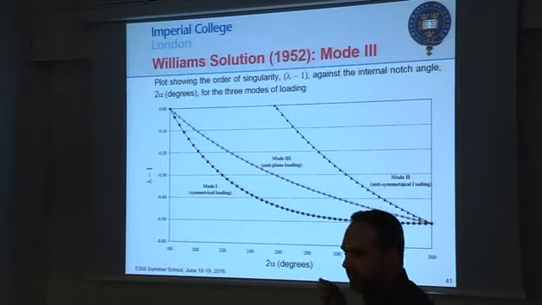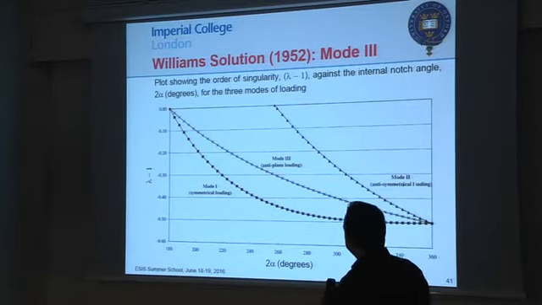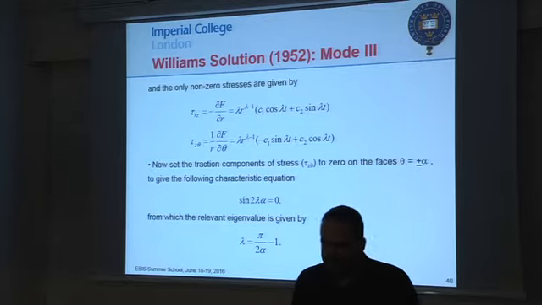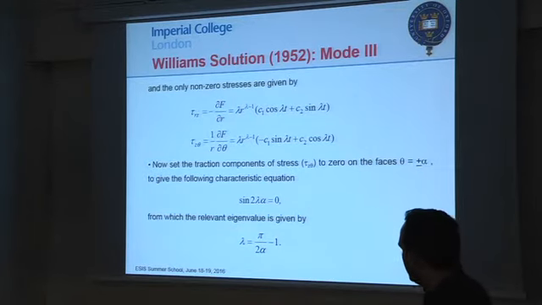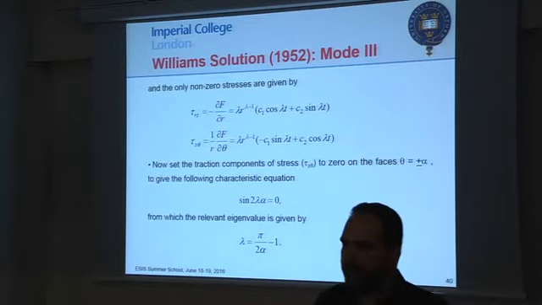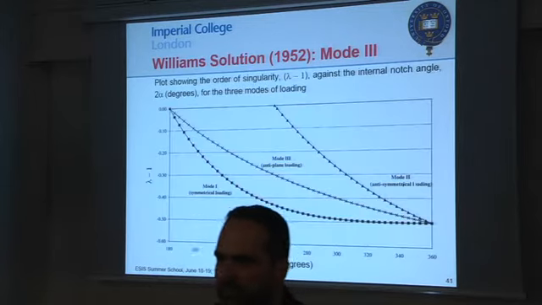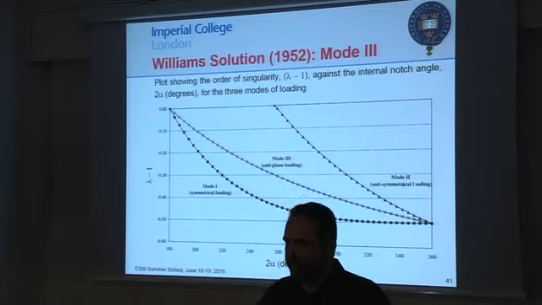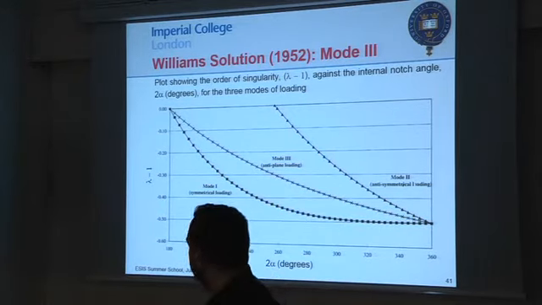And if you have mode 3 load, you're just going to add the third term, which is an expression very similar. You can add a K3 term, r to the power of lambda minus 1, where lambda comes from this equation, and so on and so forth. But basically, because the solutions are uncoupled, the mode 3 can be summed up directly onto mode 1 and mode 2 in this type of solution.